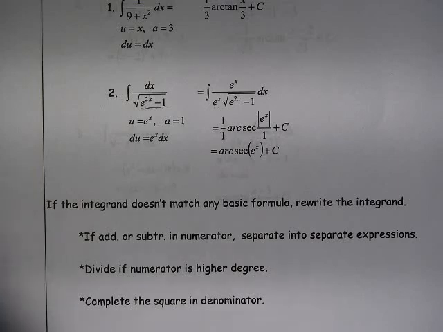So split it up if you have addition or subtraction in the numerator. If the numerator is a higher degree, do the polynomial long division. Then you'll get some polynomial with a remainder. You can deal with the remainder separately. And then complete the square in the denominator is another one that we'll take a look at an example. So we'll look at a few examples of these types here on the next page.